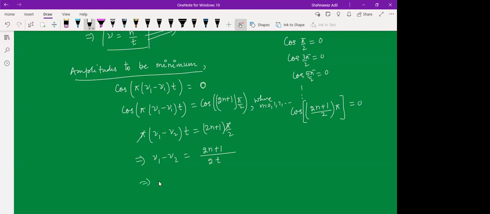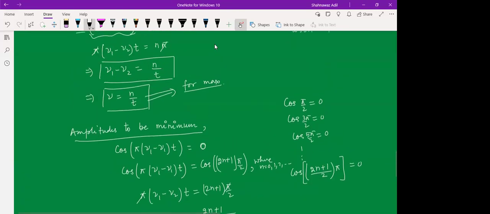So this is the beats frequency per beat. Right.